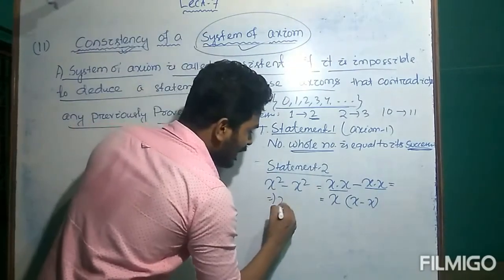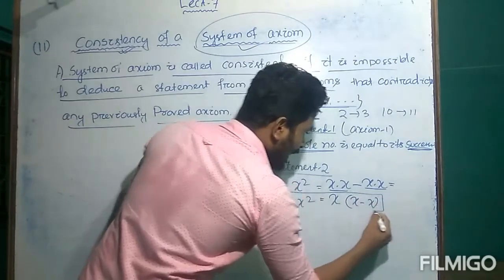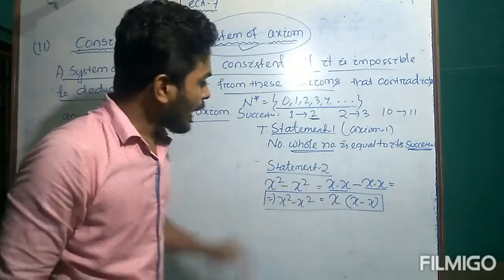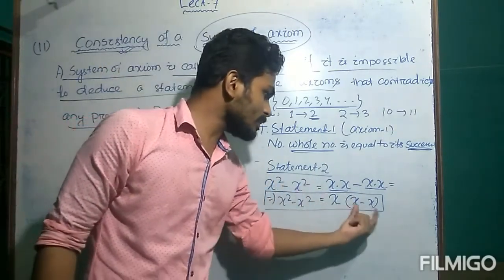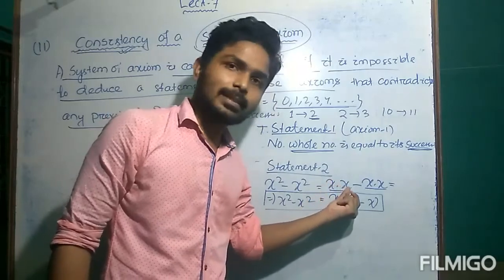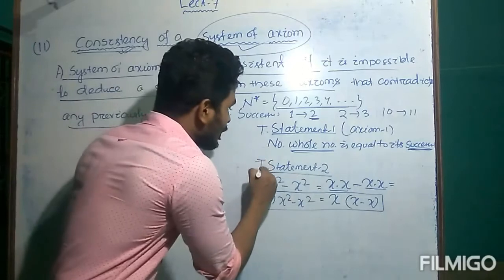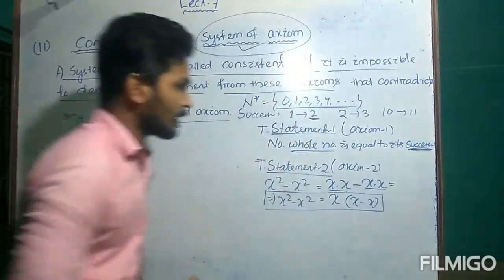So you can write x square minus x square is equal to x whole into x minus x. This is your statement number 2, and this is also a true statement, because x square is x into x. So you can write it as axiom number 2.